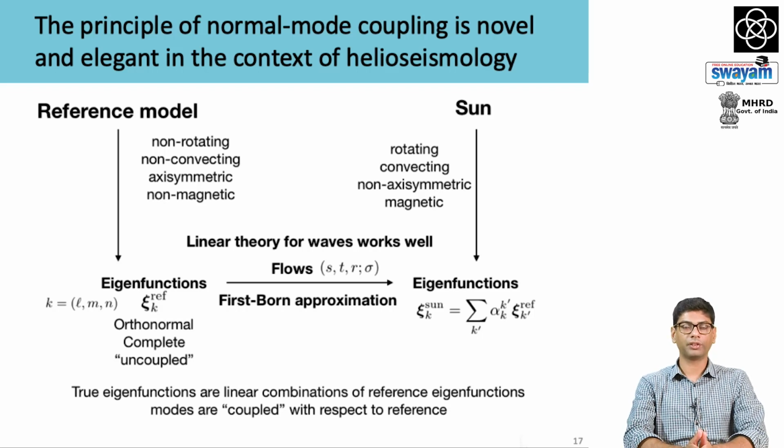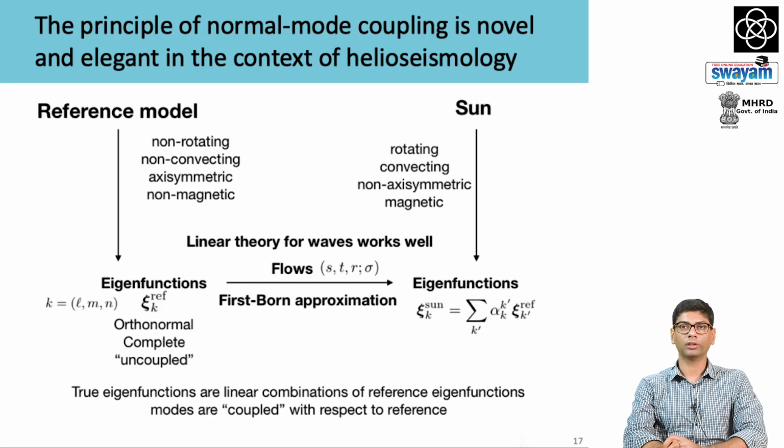And so for this reference model, we have a complete set of eigenfunctions. And for the sun, you have a set of eigenfunctions that are different, because all of the properties of the sun are different from those of the reference model. But because the set of eigenfunctions of the reference model is complete, we can express every eigenfunction of the sun as a linear combination of the eigenfunctions of the reference model.